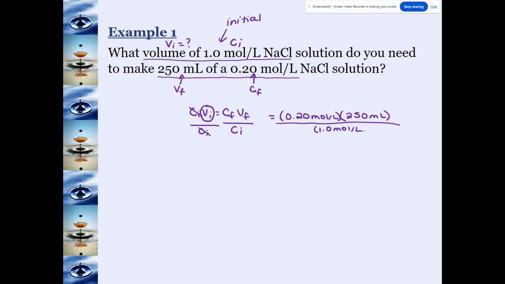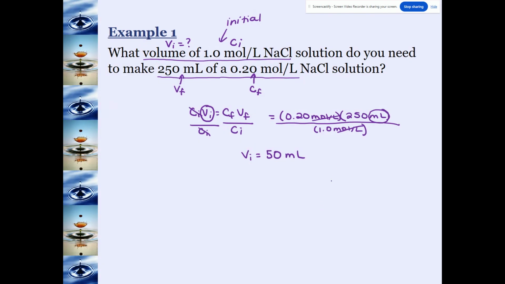Now, I kept my units of moles per liter in one line just to show you quickly how they cancel together. So I'm left with milliliters in my initial volume, what I'm solving for. So 0.2 times 250 divided by 1 gives me an answer of 50 milliliters.